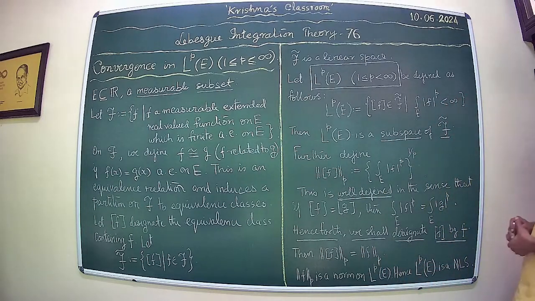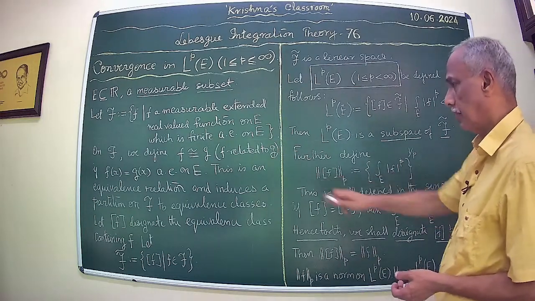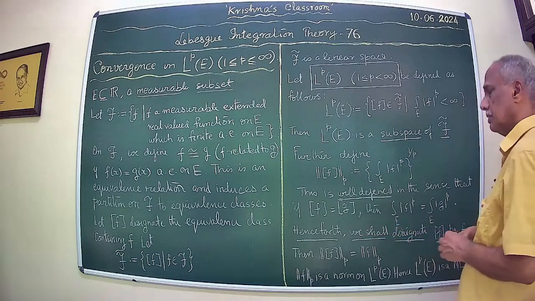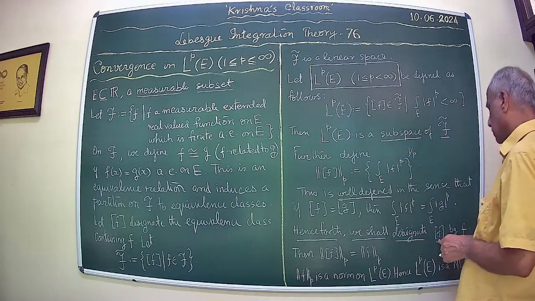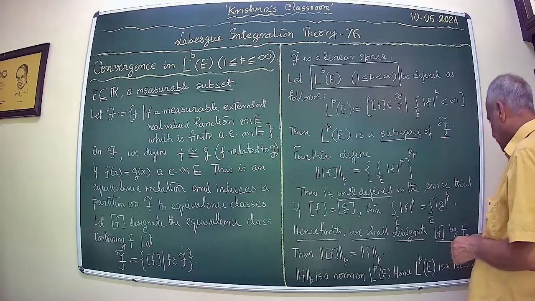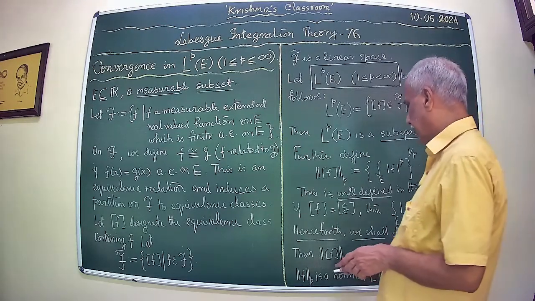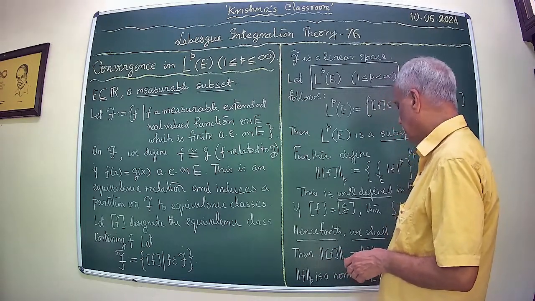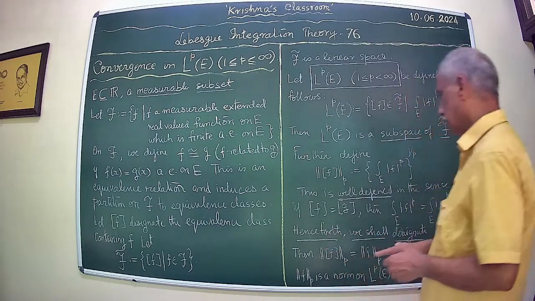So henceforth, it is cumbersome always to write bracket f, so we shall designate the bracket f by simply f. With this understanding, we can write the norm of bracket f in p as the same as the norm of f in p.